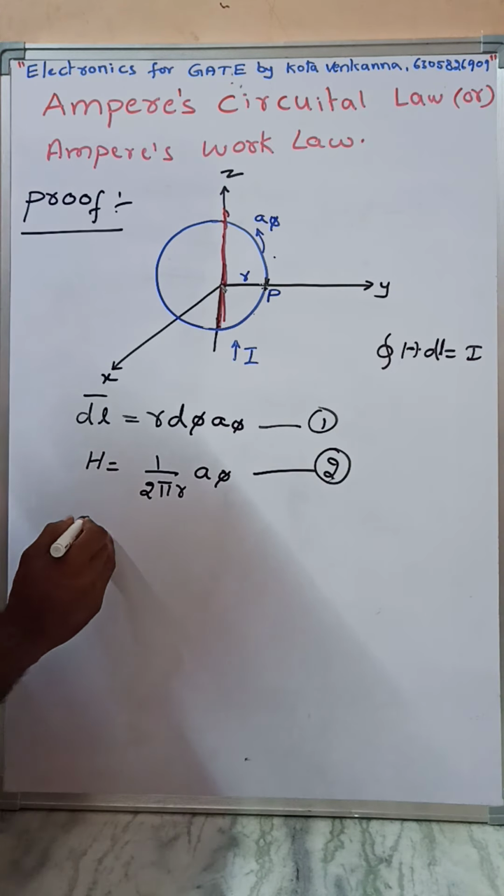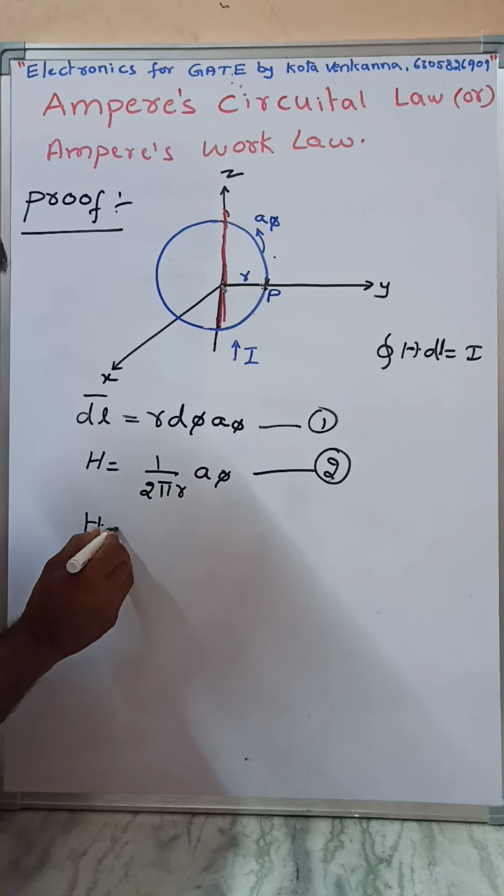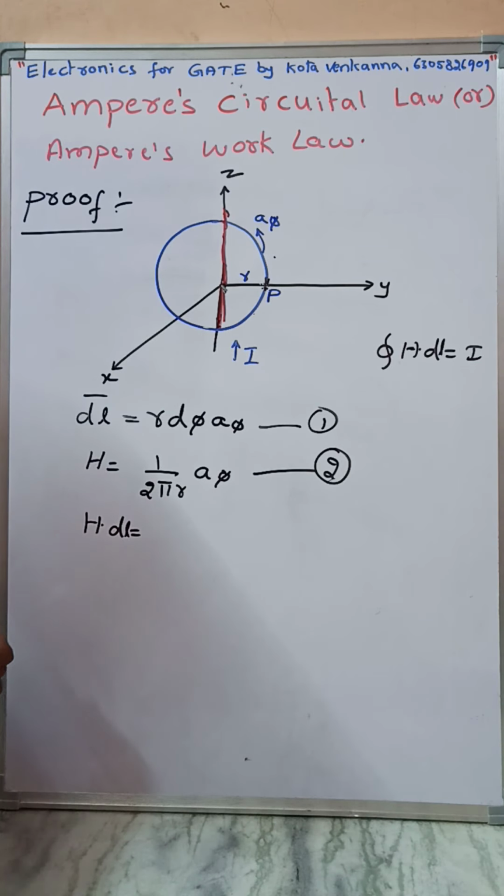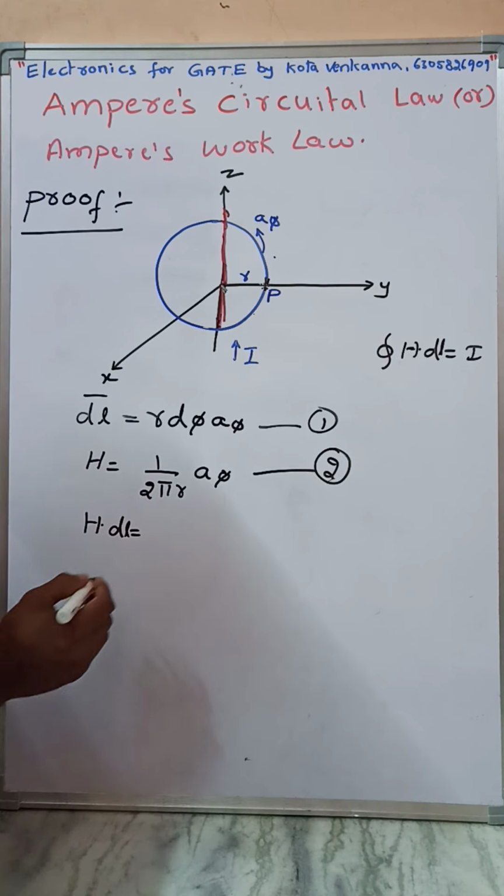H into dl. So H dot dl is equal to H into dl.